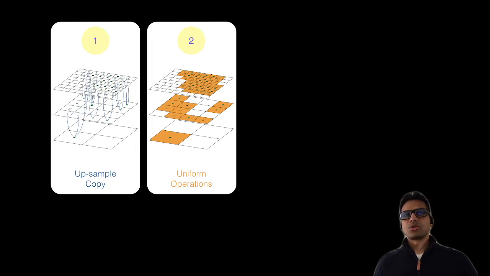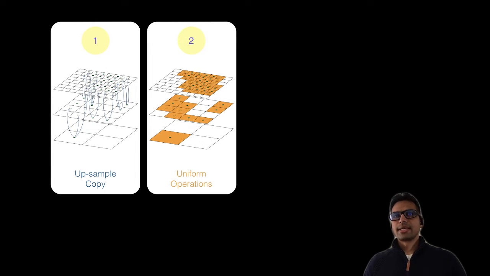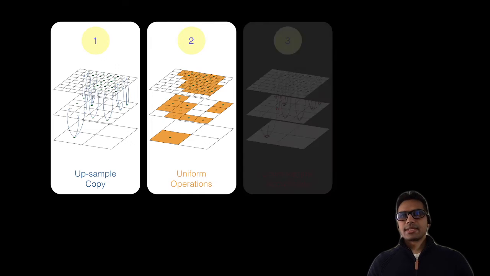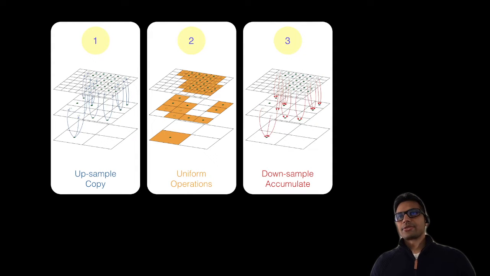And this maximizes the use of the available hardware memory bandwidth. And once this stage is done, then there's a downsampling phase where we accumulate the values of the ghost children into their coarse parents. And what we showed is that these three operations are enough to emulate every algorithmic kernel that arises in an adaptive fluid simulation pipeline.